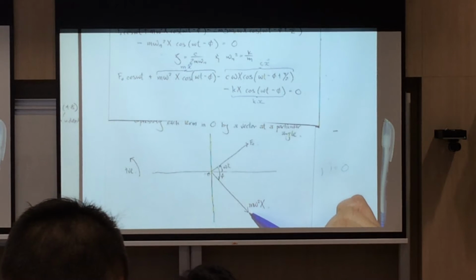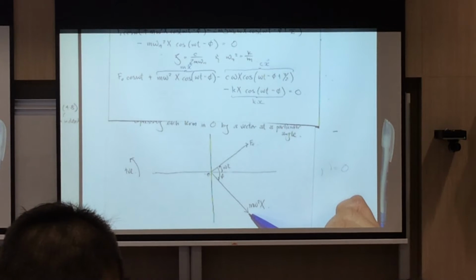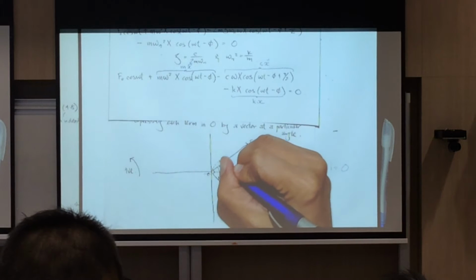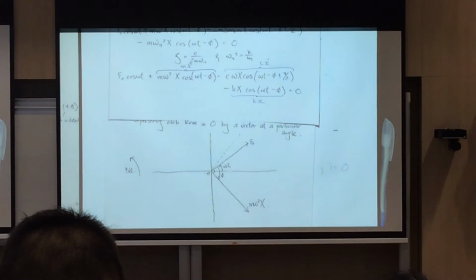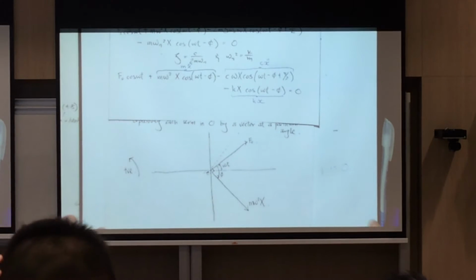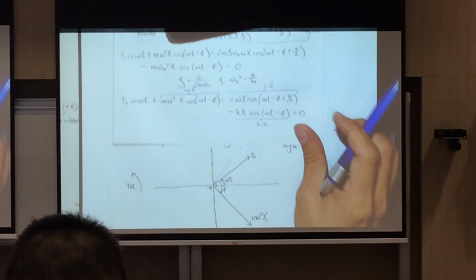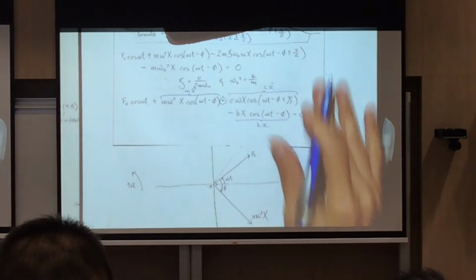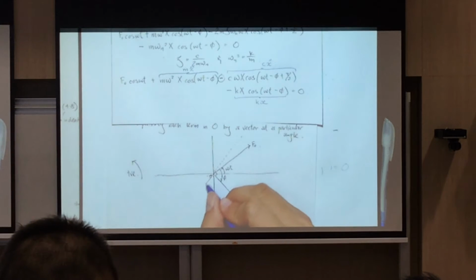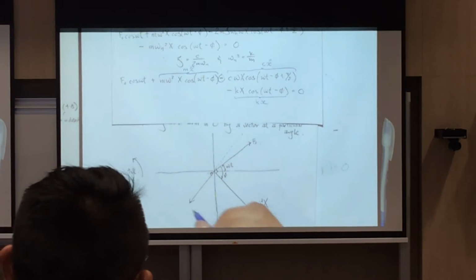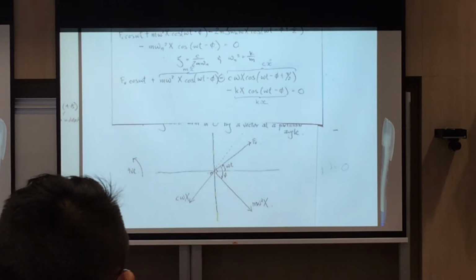Plus pi over 2. What's pi over 2? 90 degrees. Plus is anti-clockwise, so the vector should be somewhere here. But the magnitude, be careful, is minus. So if it's minus, it goes the opposite direction. Okay, so we have c omega x here.